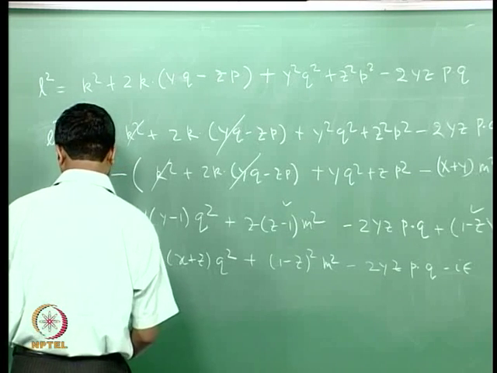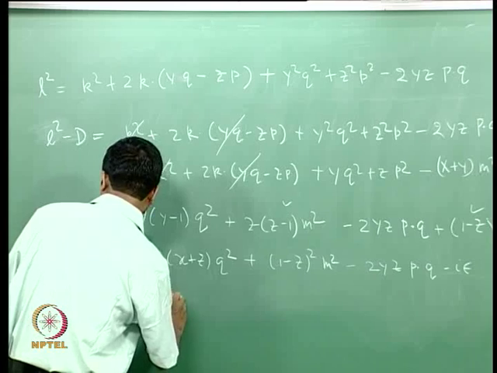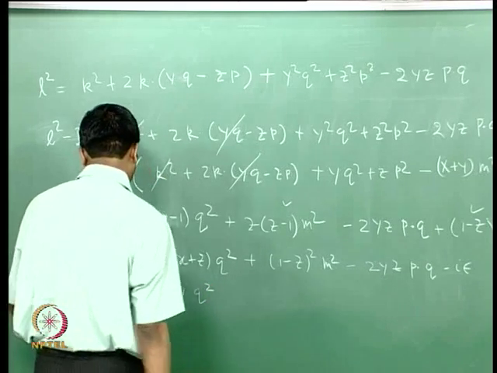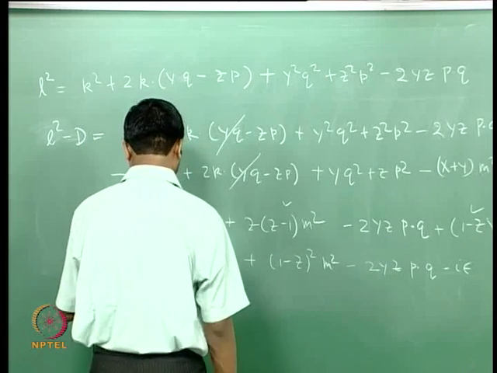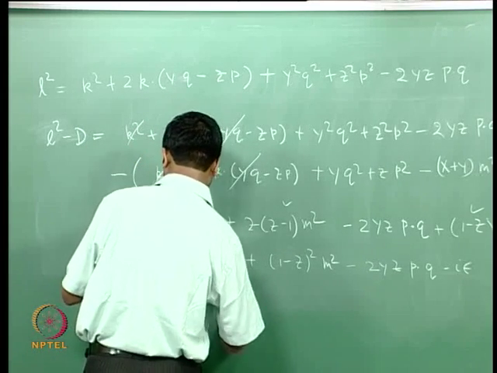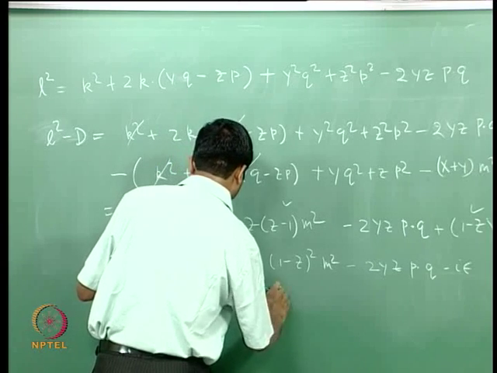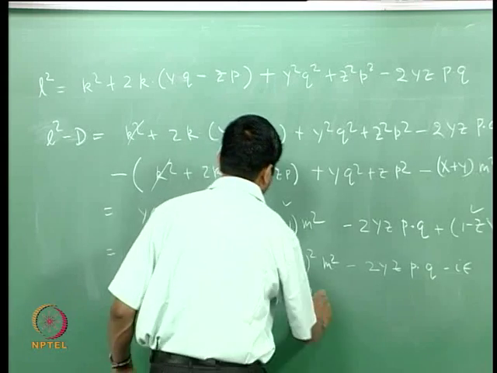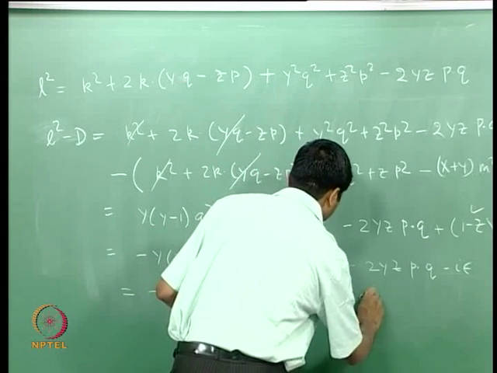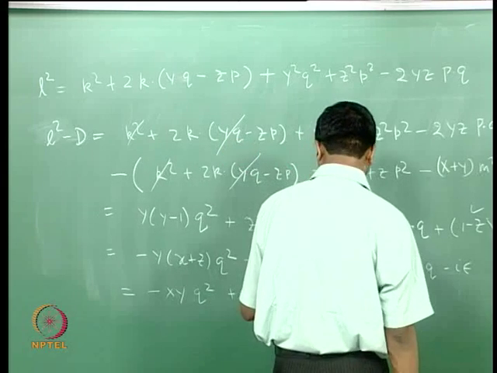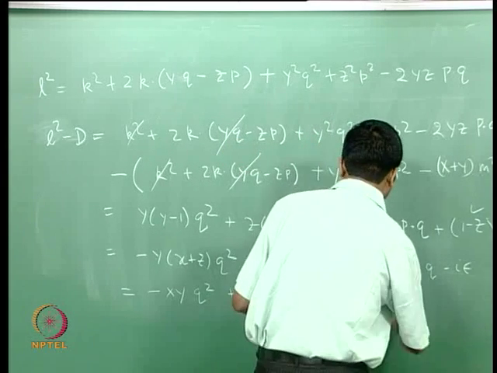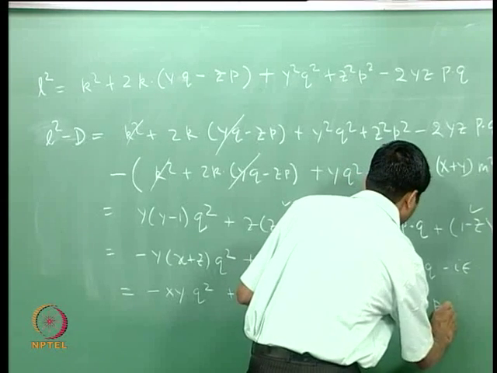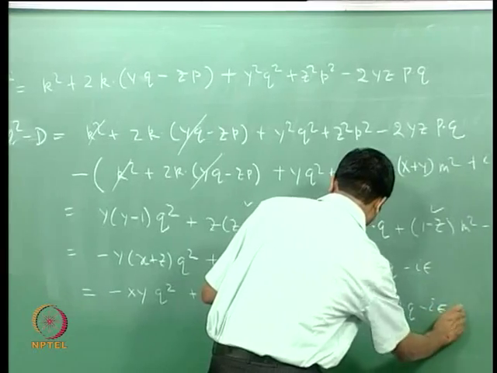So, let us write it as minus x y q square plus 1 minus z square m square, and then I will take this minus y z q square minus 2 y z p dot q minus i epsilon.